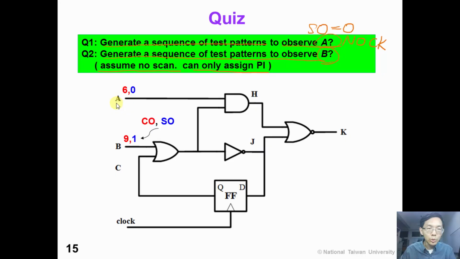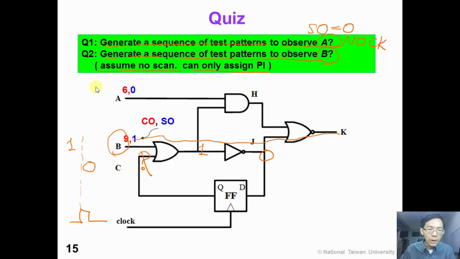For question number 2, if we want to observe the value of B, it is not so easy. We cannot directly observe the value of B because the side input of C is unknown. So we first need to assign B to 1 so that after 1 clock pulse, we control the value of C to 0.